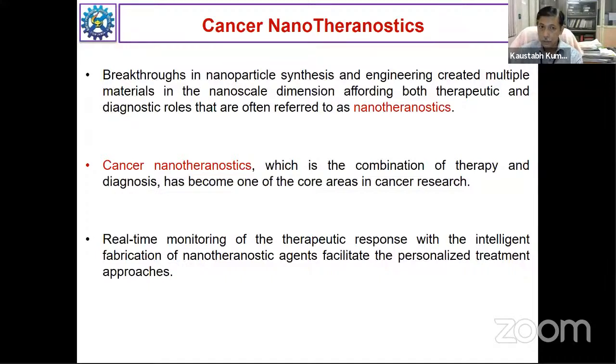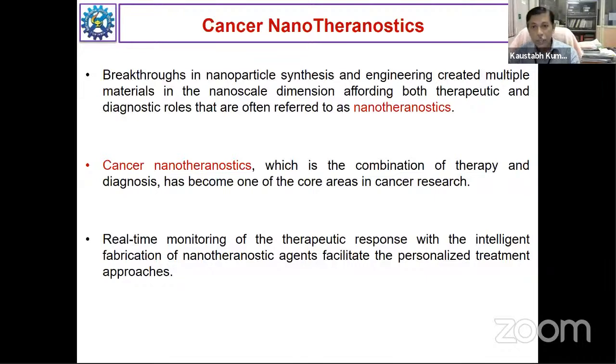So nanotheranostics is a combination of therapy as well as diagnosis in a single nanoconstruct. I will give you a brief overview of cancer nanotheranostics and its real-time importance for monitoring and intelligent fabrication for the treatment of personalized medicine.